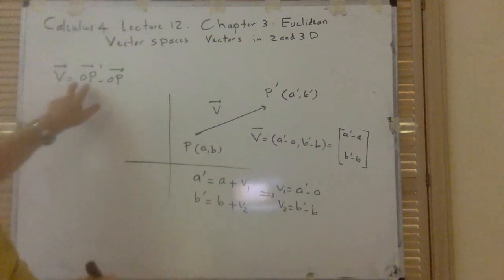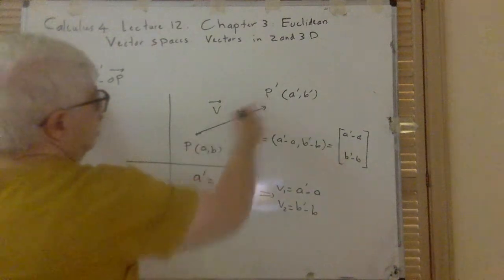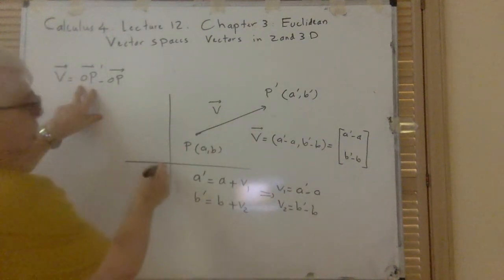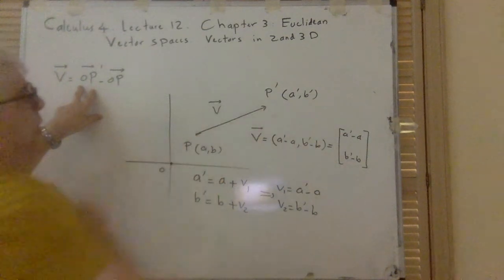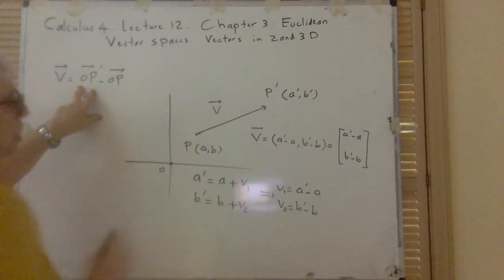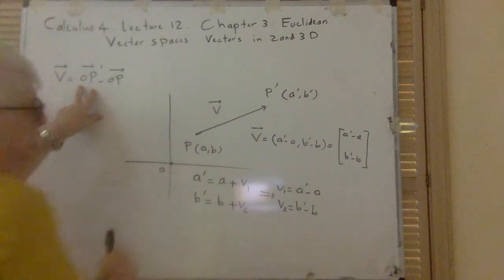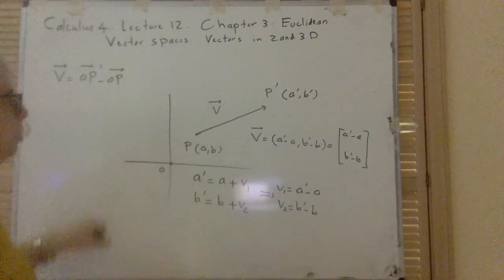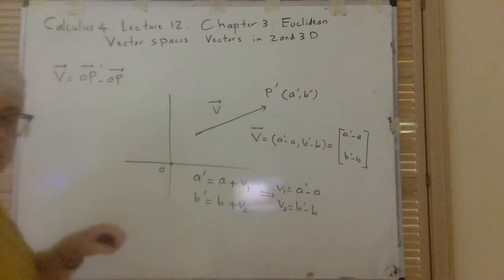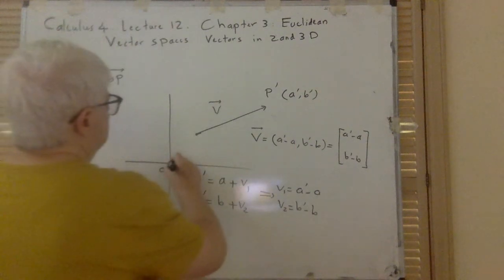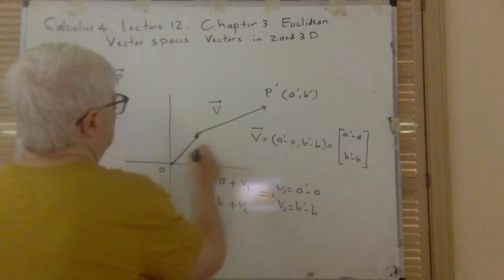And I'm using OP prime to mean the vector that has initial point here and terminal point here. So OP is this.